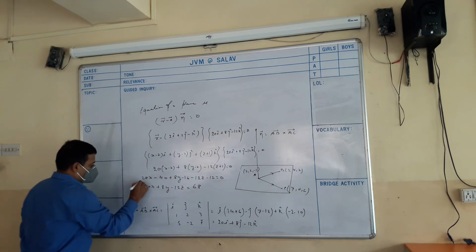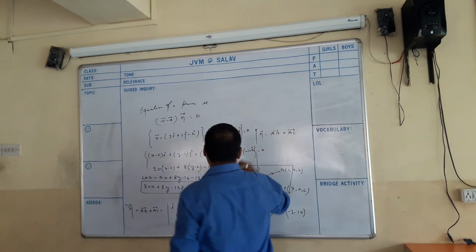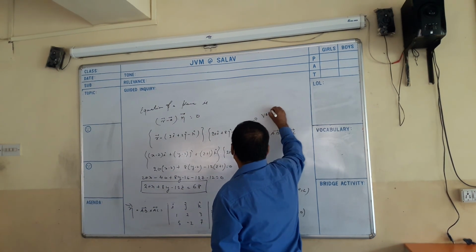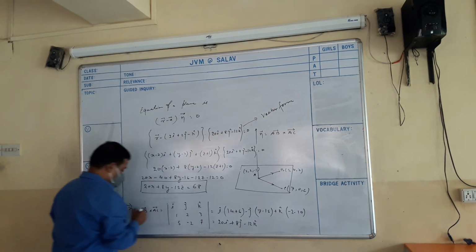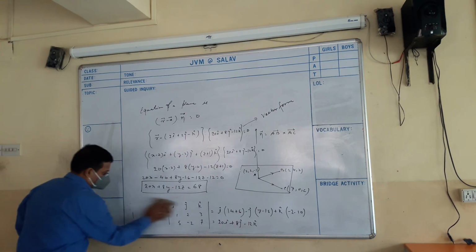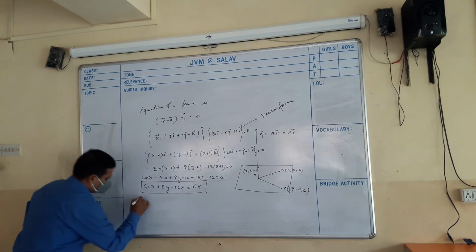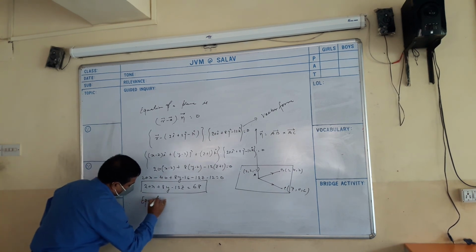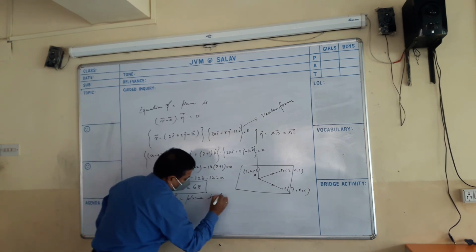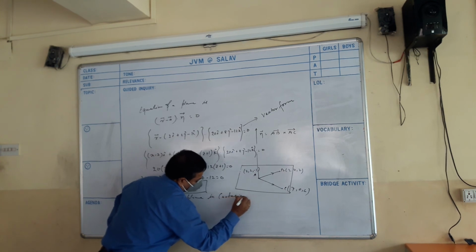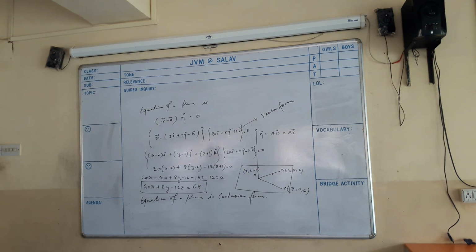This is the required equation of the plane in Cartesian form, and the earlier one is the vector form. Clear? Yes.